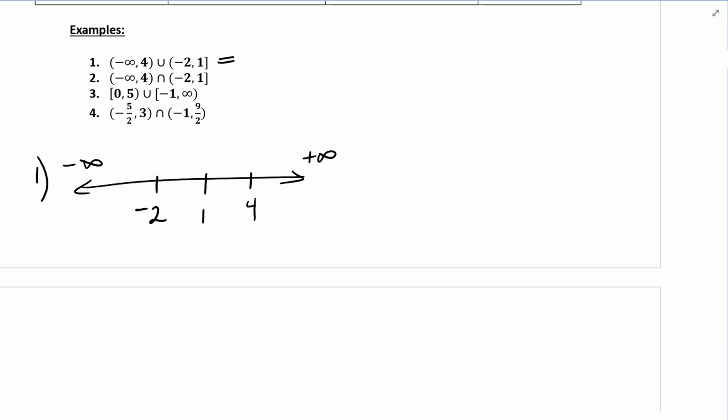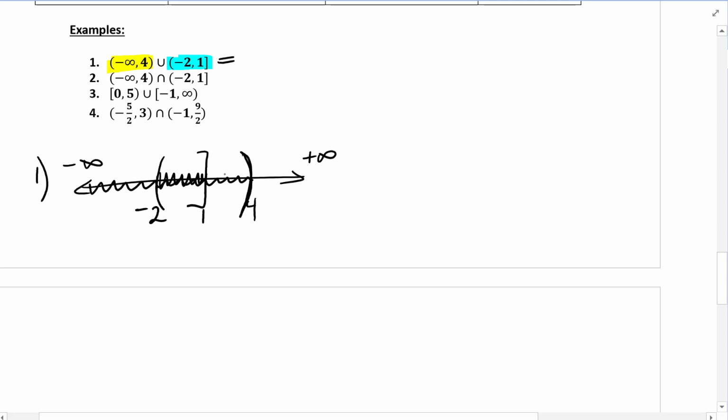And I'm going to highlight what is negative infinity to 4. So negative infinity, 4, let's put parentheses, and let's shade all that region. Then we have the interval -2, 1. So -2 is a parenthesis and 1 is a bracket, and we shade that.